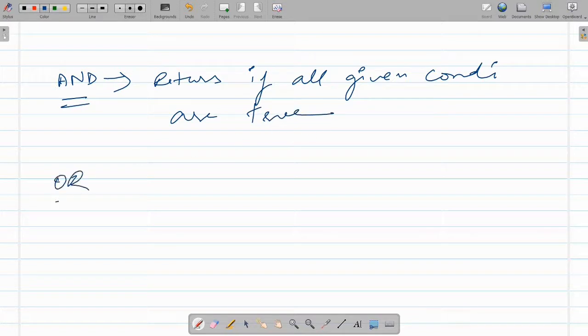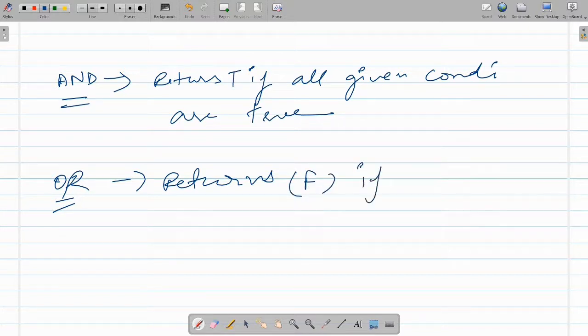And OR returns false if all the given conditions are false.